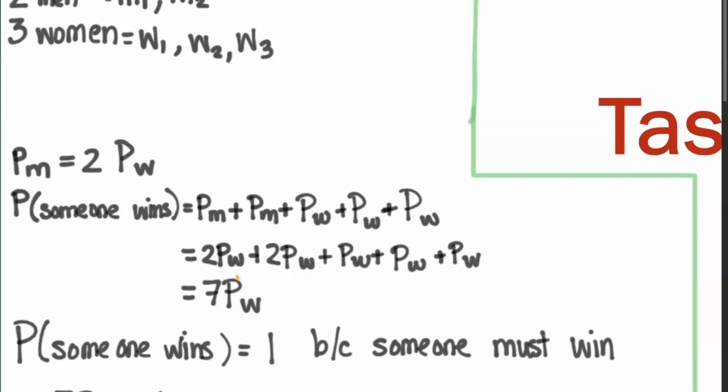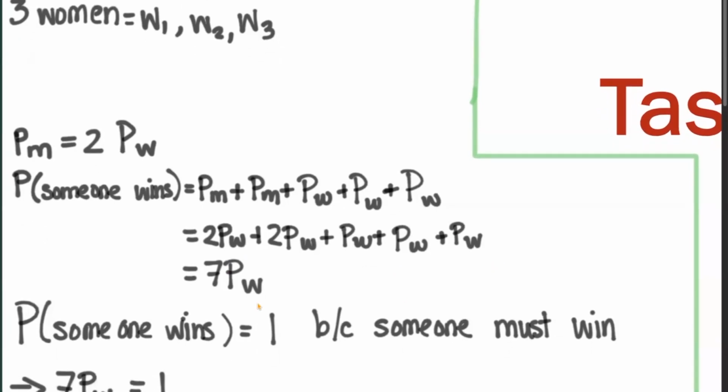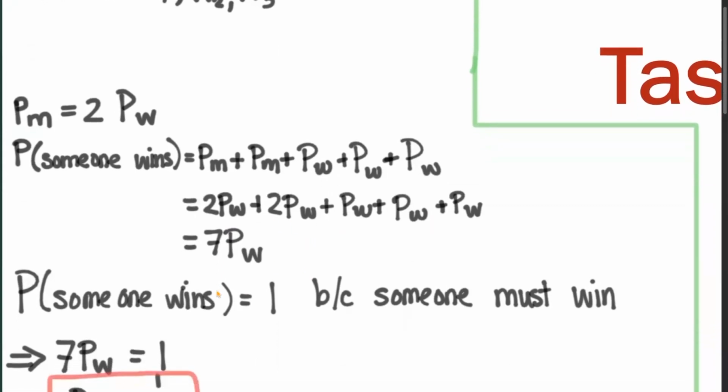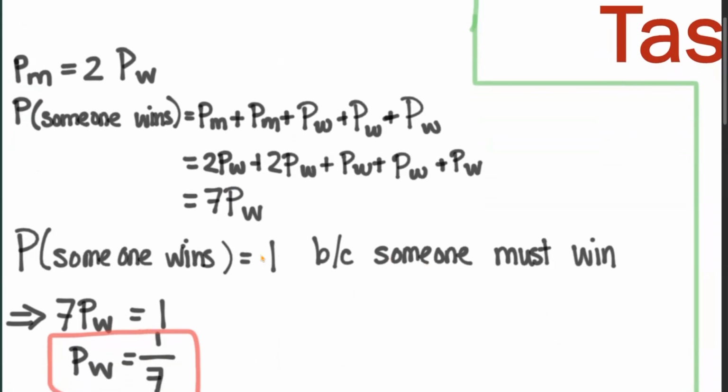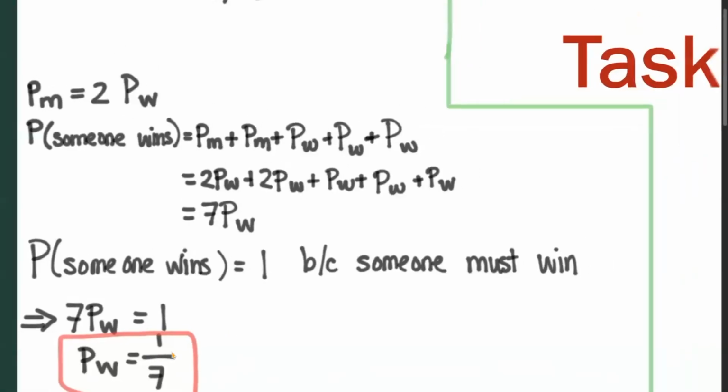If we add up all of the PWs together, that equals 7 times PW. So the probability that someone wins equals 1, because someone must win. So we can set 1 equal to 7 PW, and solving for PW, that equals 1 over 7.